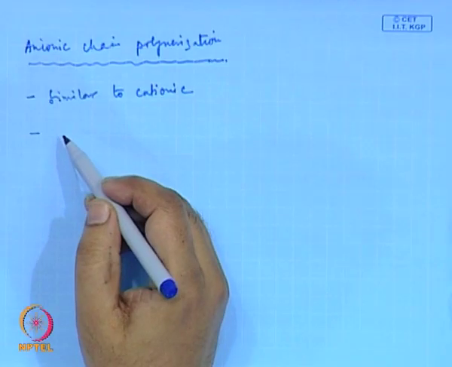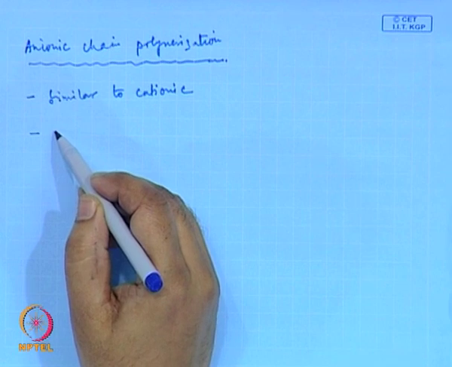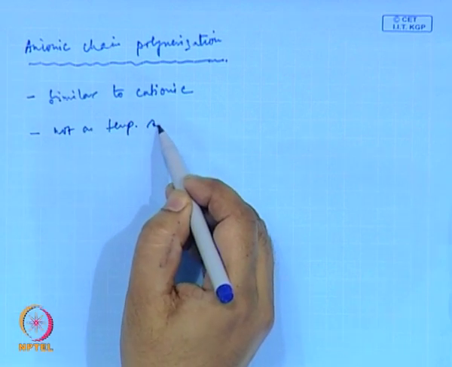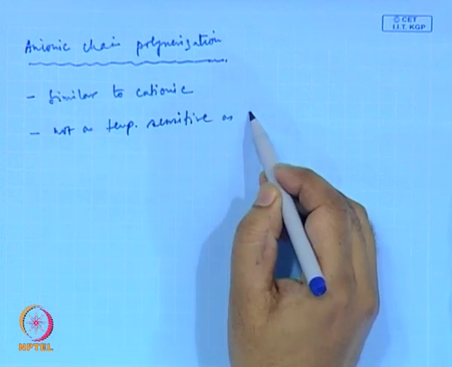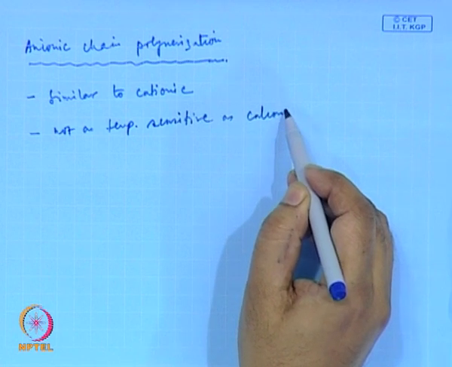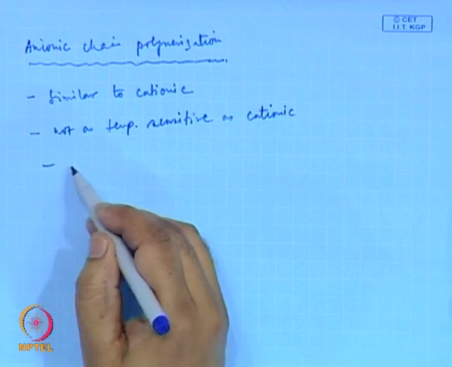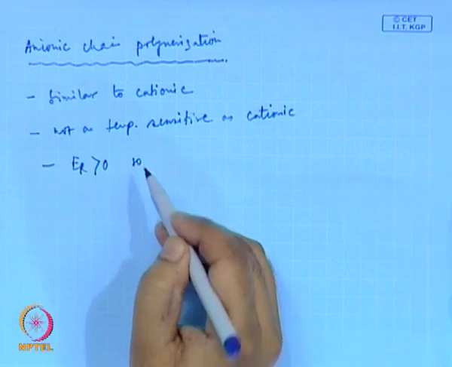There are other differences as well, and this is not as temperature sensitive as cationic polymerization, and generally the activation energy is positive, small positive.